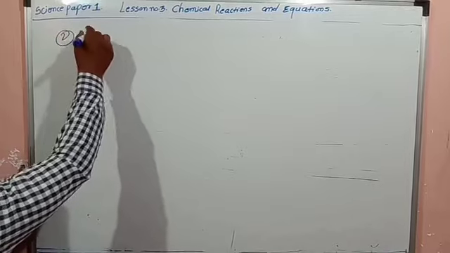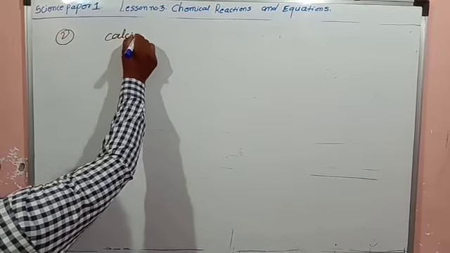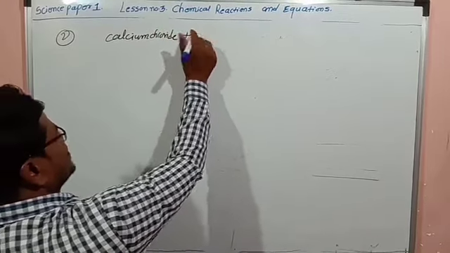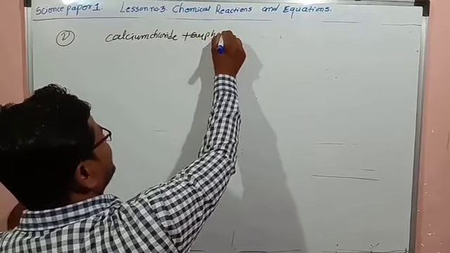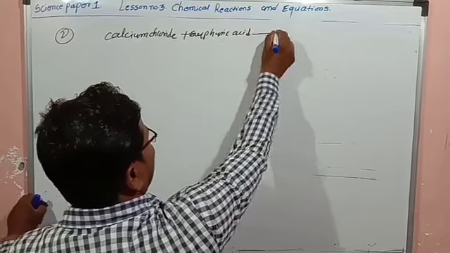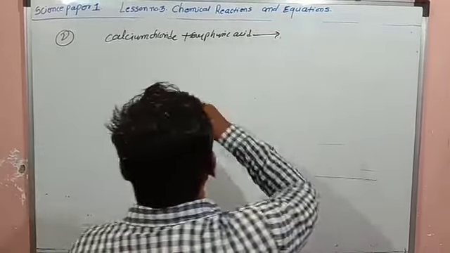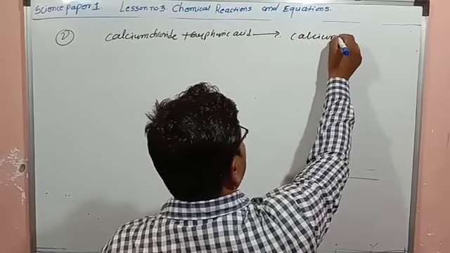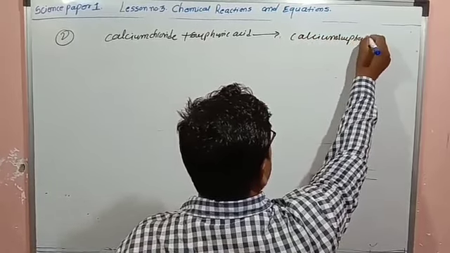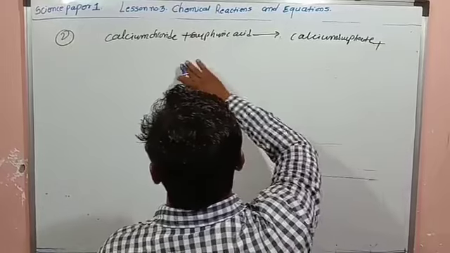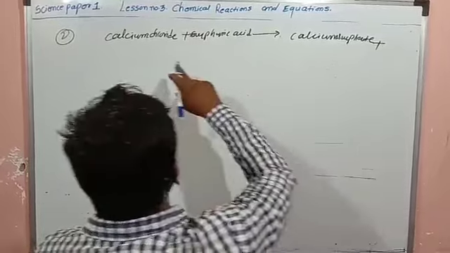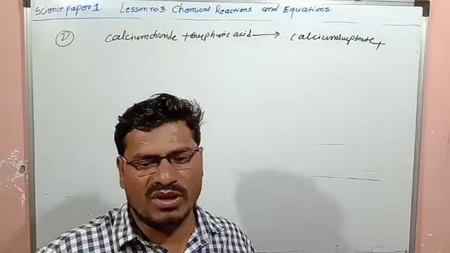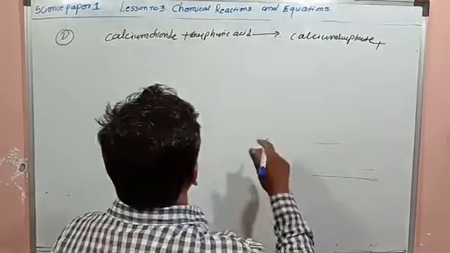The second one is there: calcium chloride plus sulfuric acid, and it gives calcium sulfate plus hydrochloric acid or hydrogen chloride.